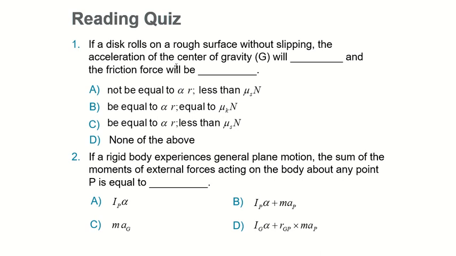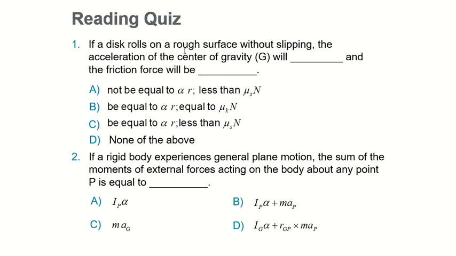So the disc roll: your disc is going to roll on a rough surface without slipping. Okay, no slipping, just rolling in balance. So the acceleration of the center of gravity G is going to be equal to your angular acceleration times your distance, and the friction has to be less than the limit, otherwise it won't be rolling.